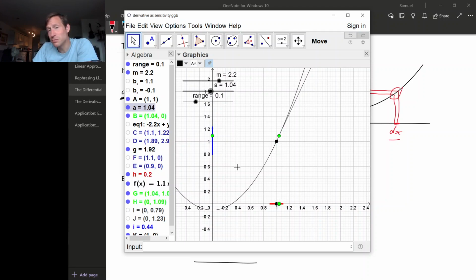And the proportion of these two, that's exactly the derivative. So another way to think about what the derivative is telling you, other than just a slope, is that it's a sensitivity factor or a magnification factor. It tells you how much changes in x get magnified into changes in y.